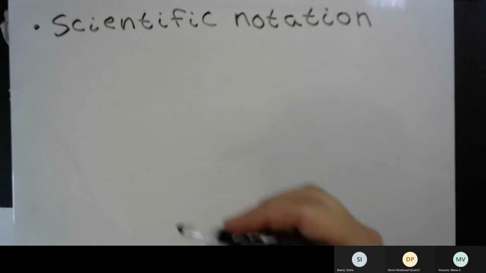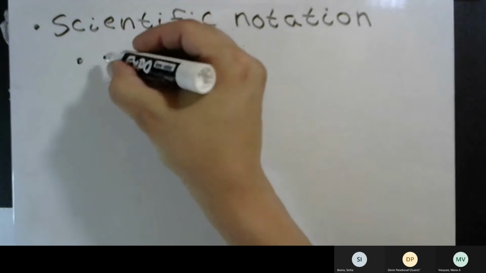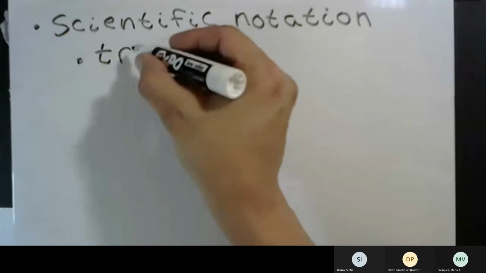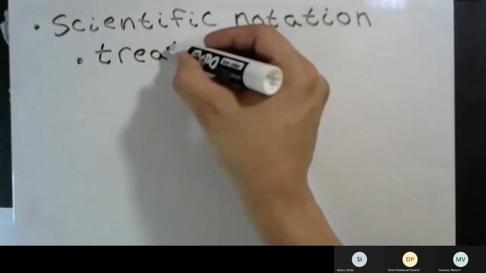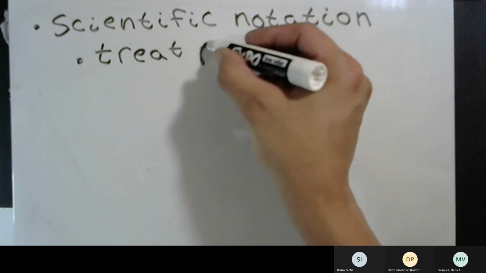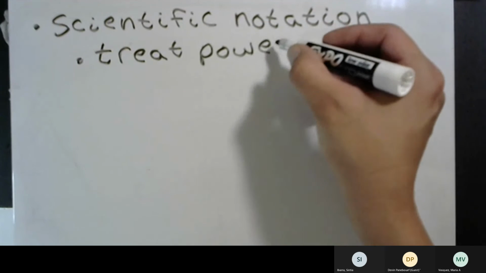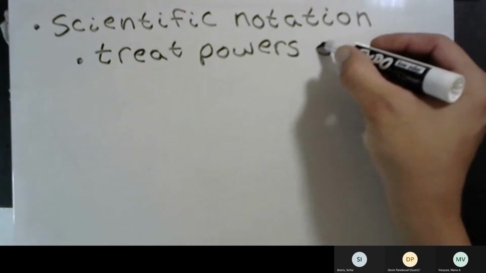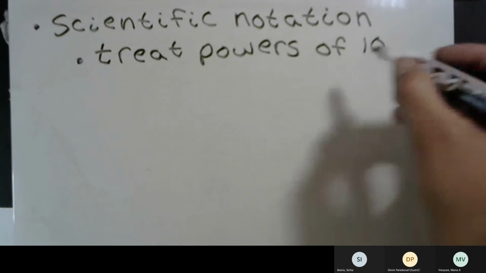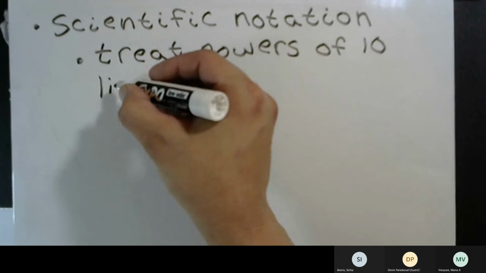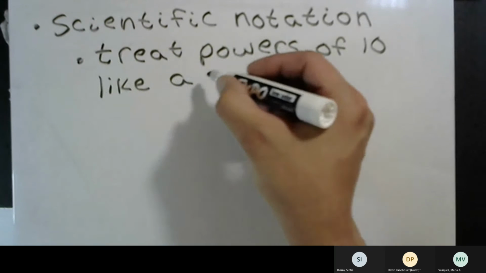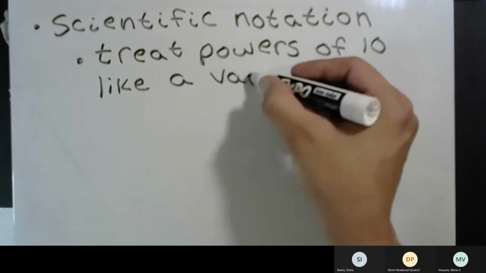What we're going to do is treat powers of 10 like a variable.